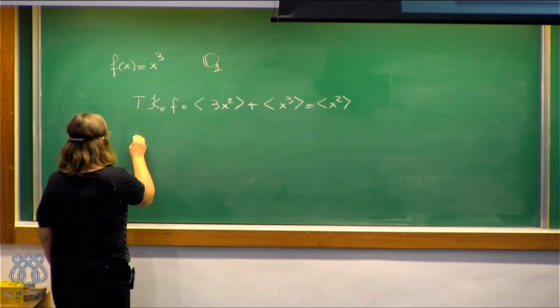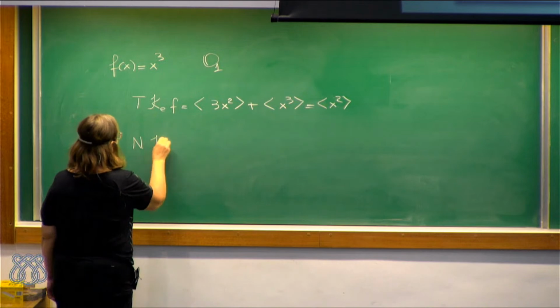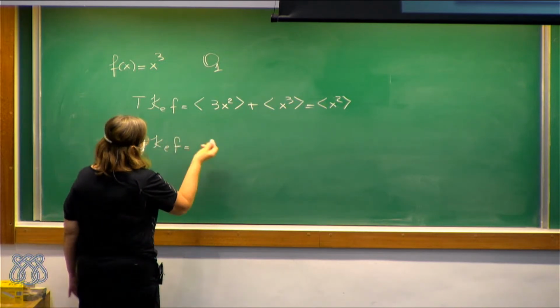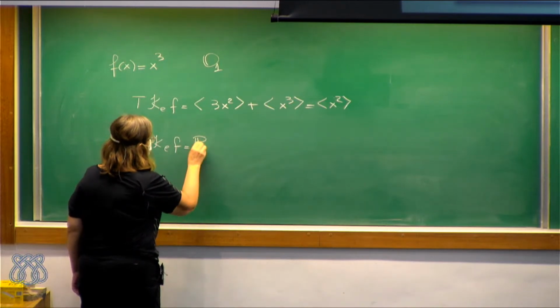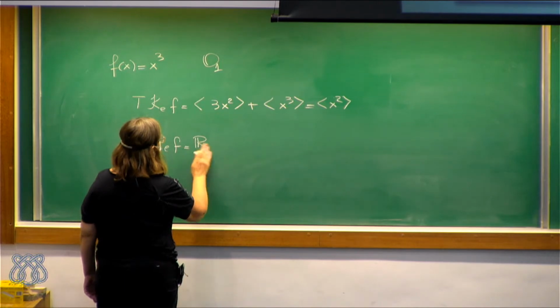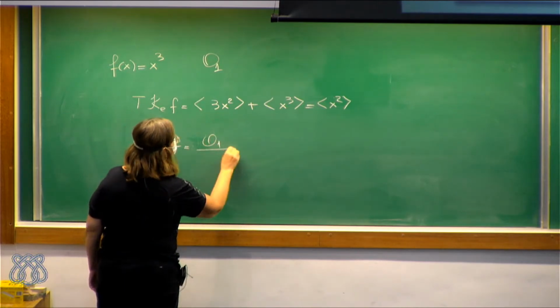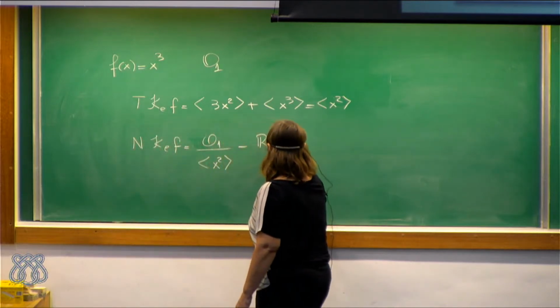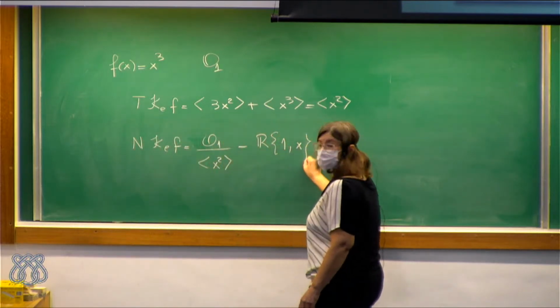And then this normal space, we can write R or K. Let's just write R. It's O_1 over (x^2). Then this is spanned by 1 and x. Okay?